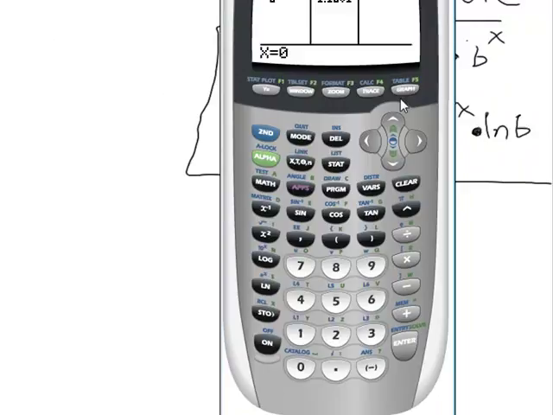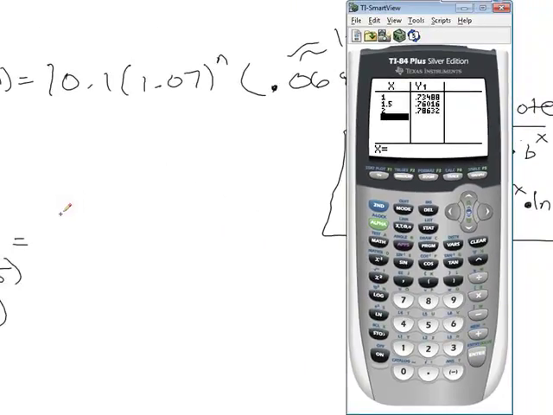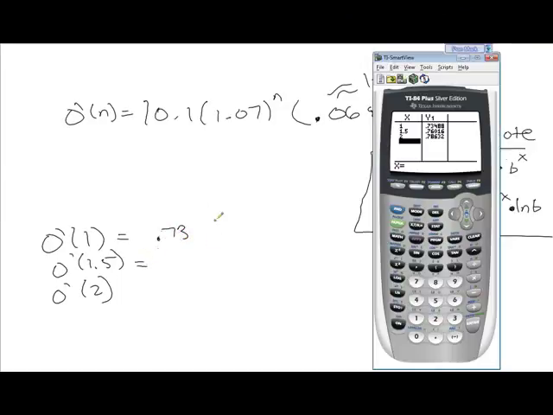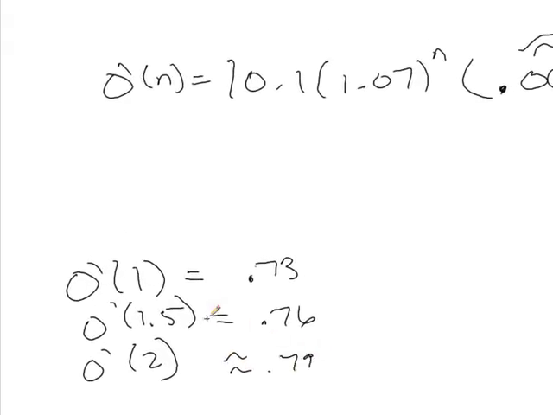And I'm going to go to my table. I'm going to type in 1, 1.5, and 2, and I get 0.73, 0.76, and 0.79. Should put squigglies on these.